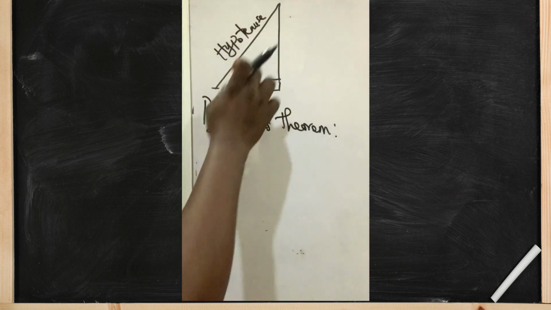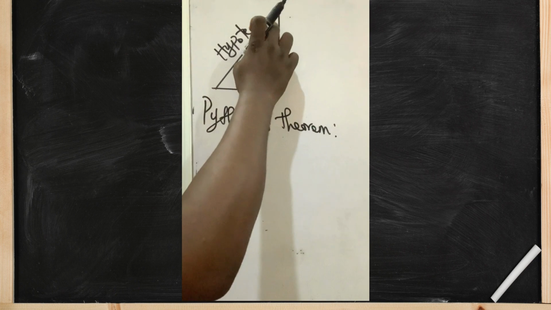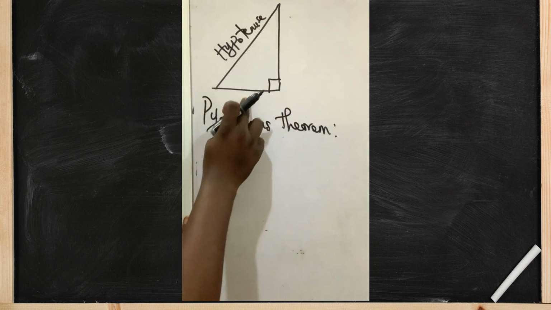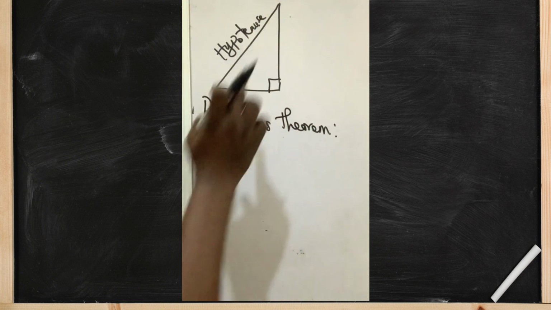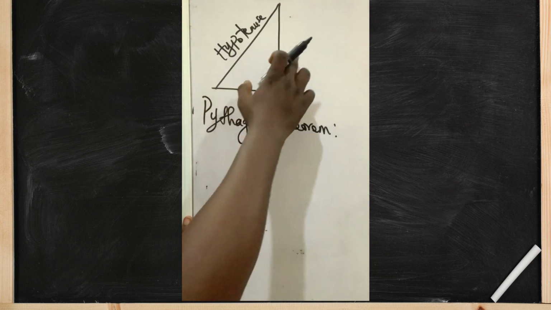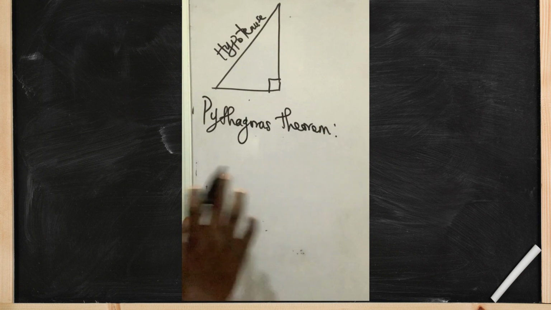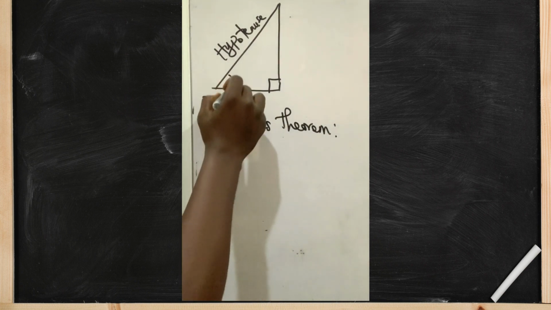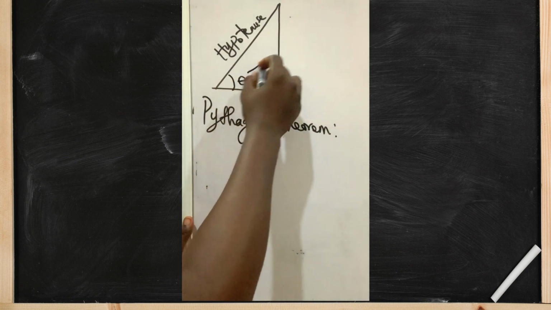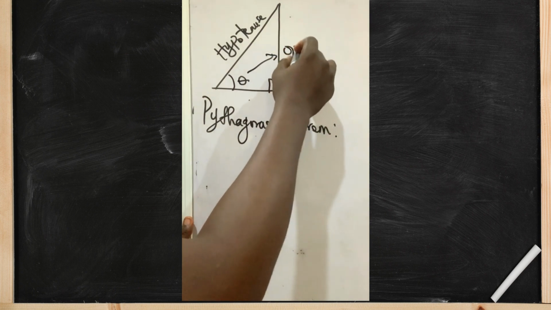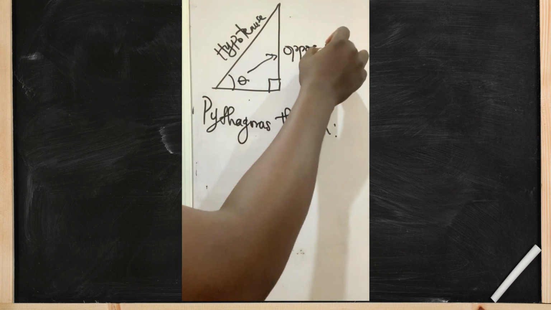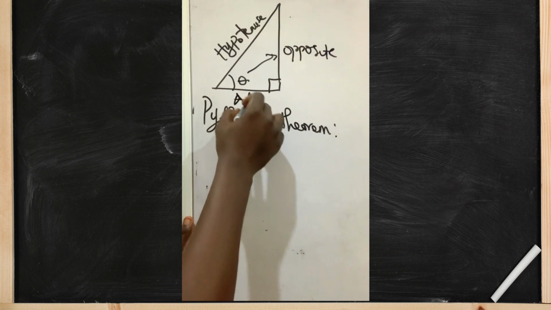Depending on the positioning of the angle, if the angle is here, this is going to be opposite and this will be adjacent. Whatever is facing the angle is the opposite. So we are maintaining that the angle is here, so this is the opposite of the angle and this is adjacent.